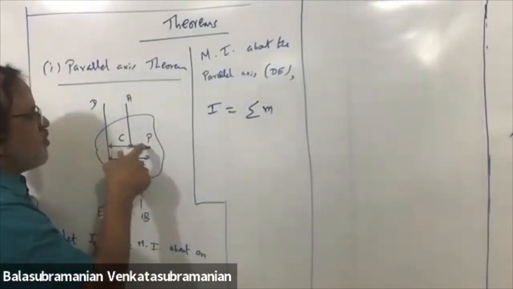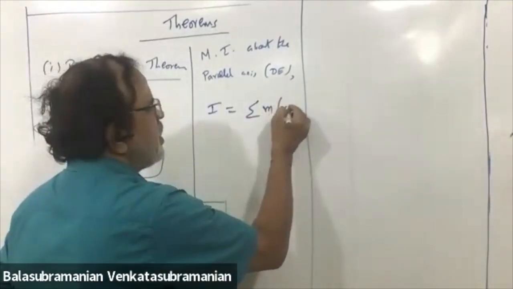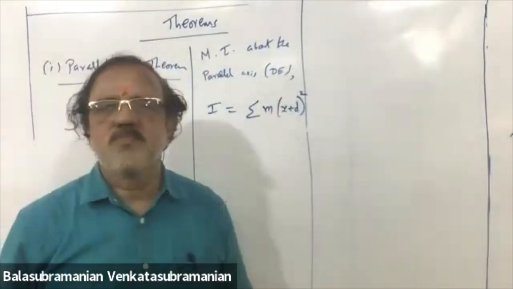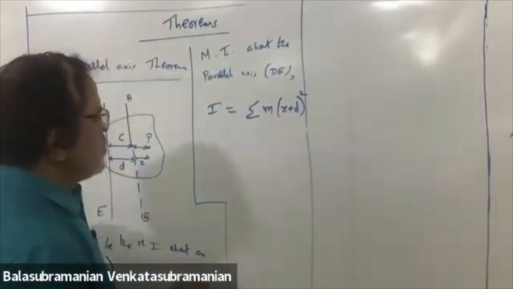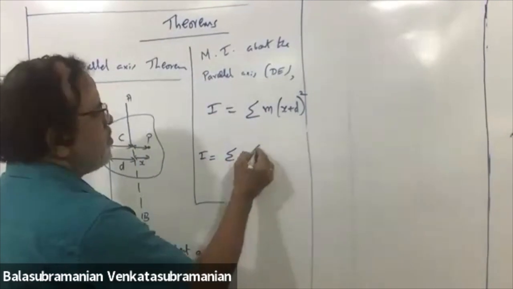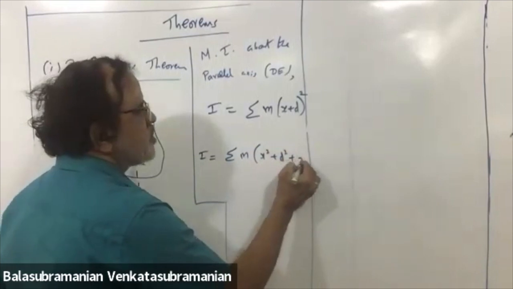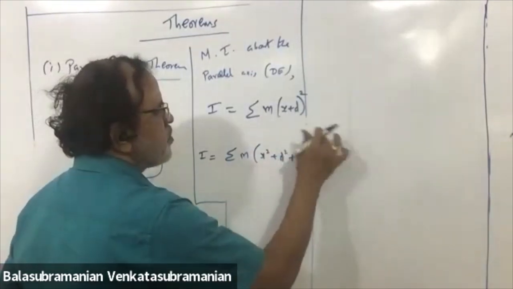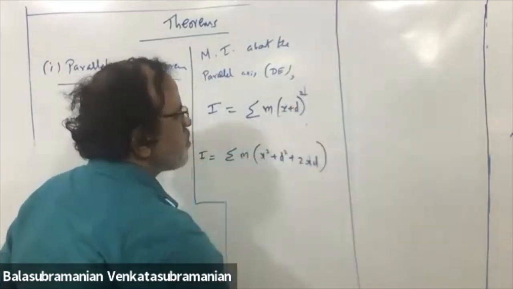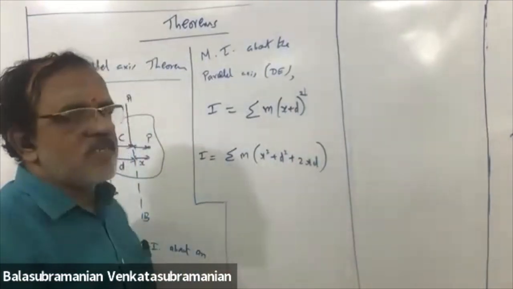Distance from the axis of rotation: this is x, this is d. So I can write x plus d the whole square. So I is equal to sigma m, x square plus d square plus 2xd.